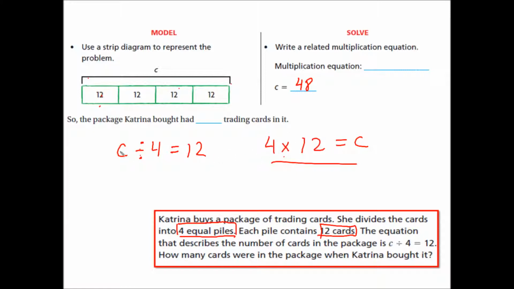Now I'm going to check and see if that works here. So I just replaced C with 48. Then I just calculated 48 divided by 4. 4 goes in 1 time, 4 goes into 8 2 times, and I do get 12. 48 divided by 4 is 12, so her original pack of cards had 48 cards in it.